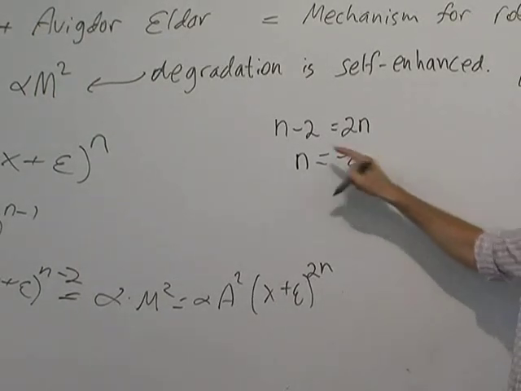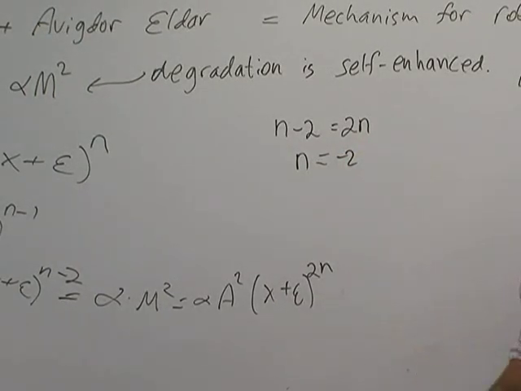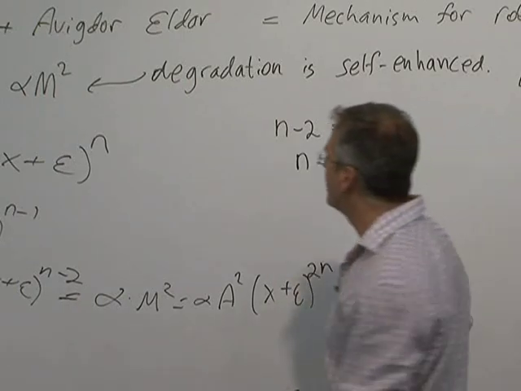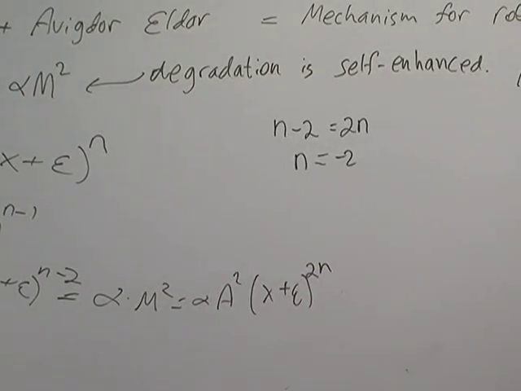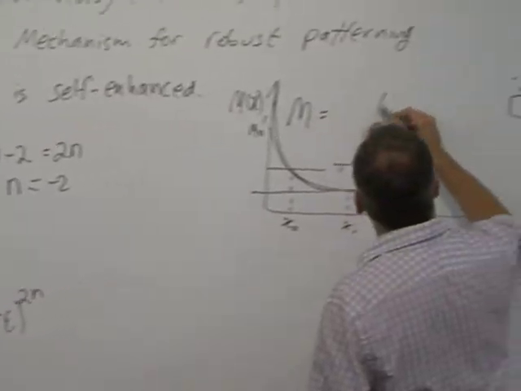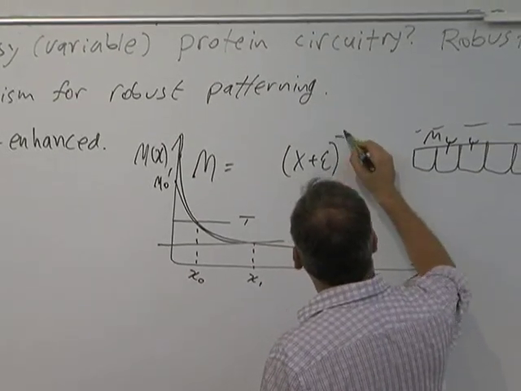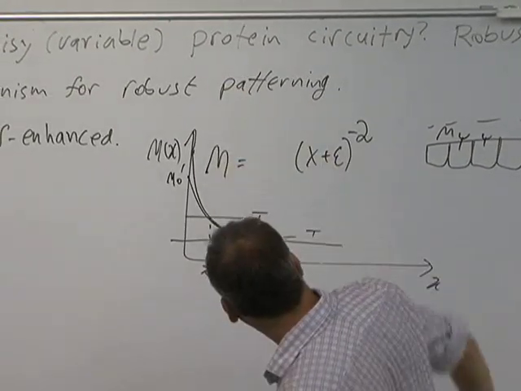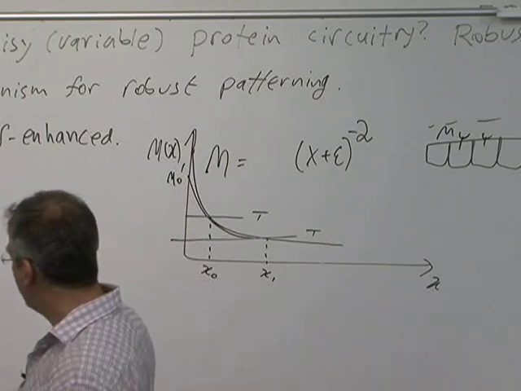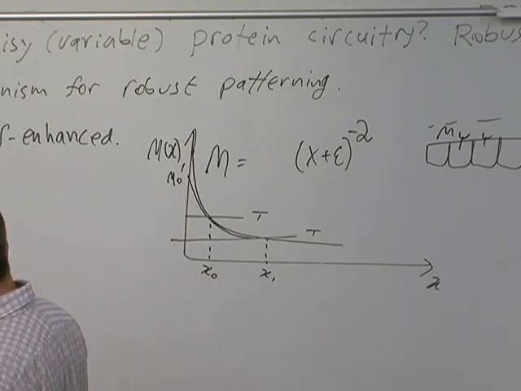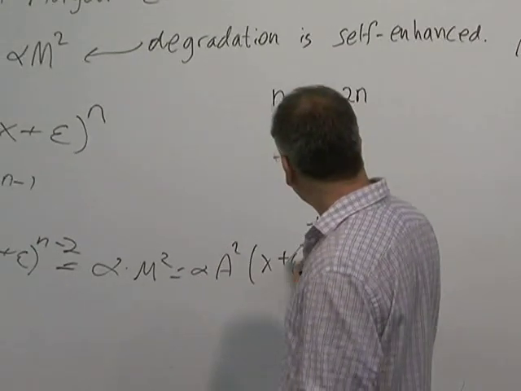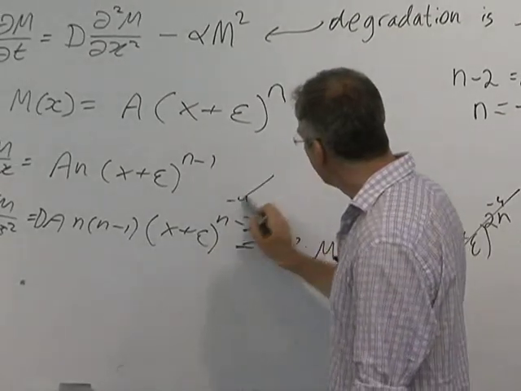Minus 2. So minus 4 equals minus 4, right? So we know that our solution is x plus epsilon to the power minus 2. Now if we put in minus 2, this is minus 4, we can erase this.